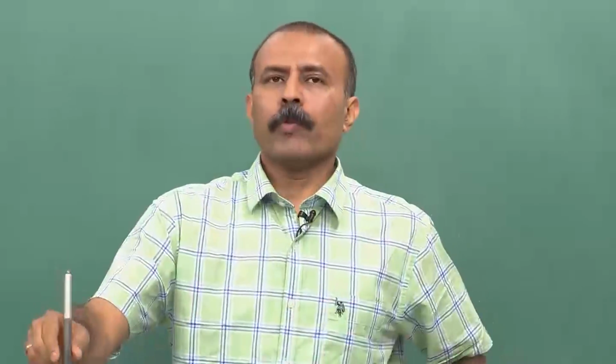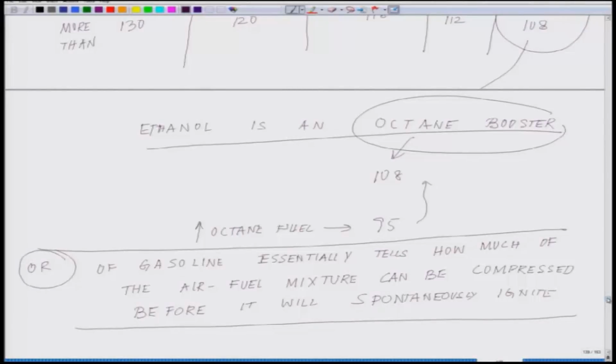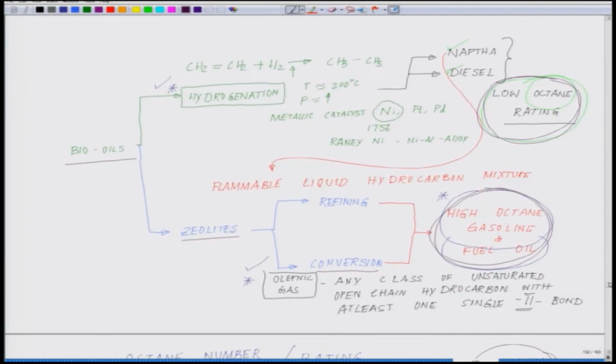So, if you go back to where we started in the beginning, we talked about different routes. If you do hydrogenation, you get low octane rating fuels like naphtha and diesel, which follow compression ignition systems. We have already talked about it.